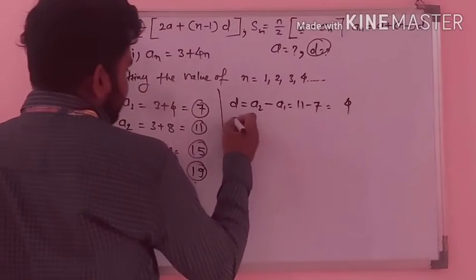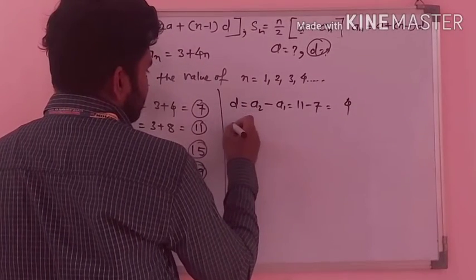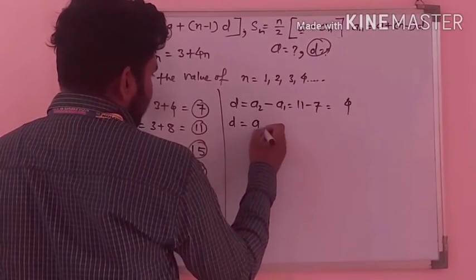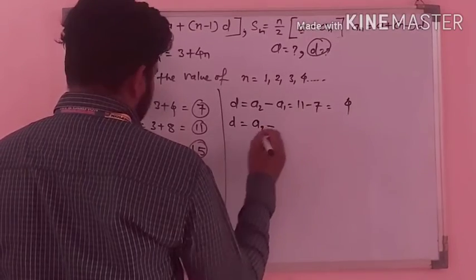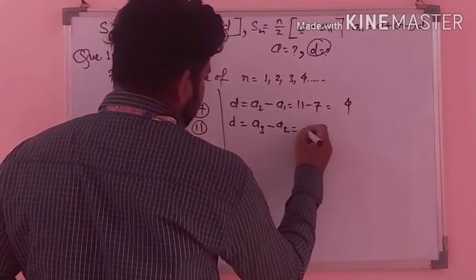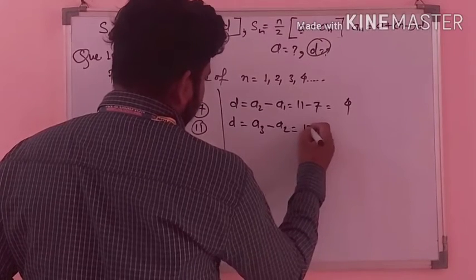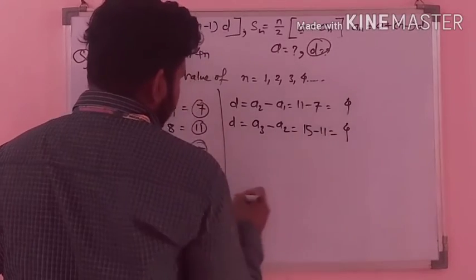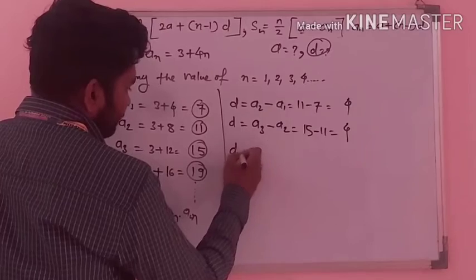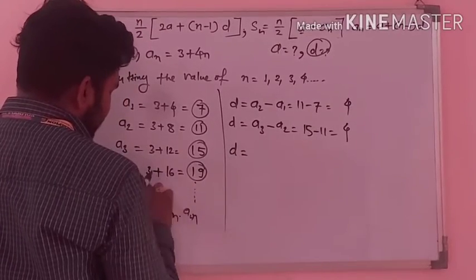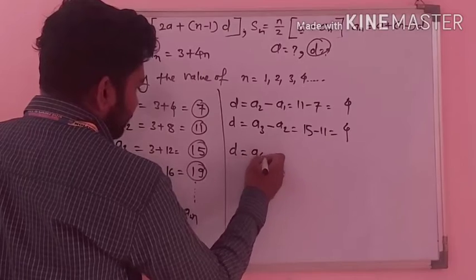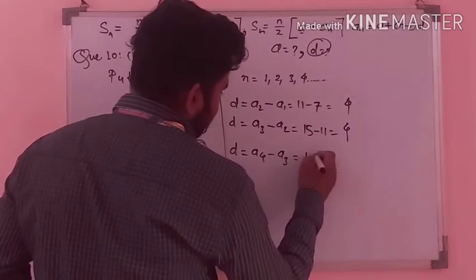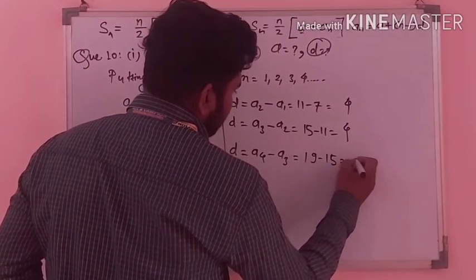Okay, and also check some more d. Let's check a3 minus a2 is 15 minus 11, that is 4. Let's take a4 also, a4 minus a3, that is 19 minus 15, that is 4.